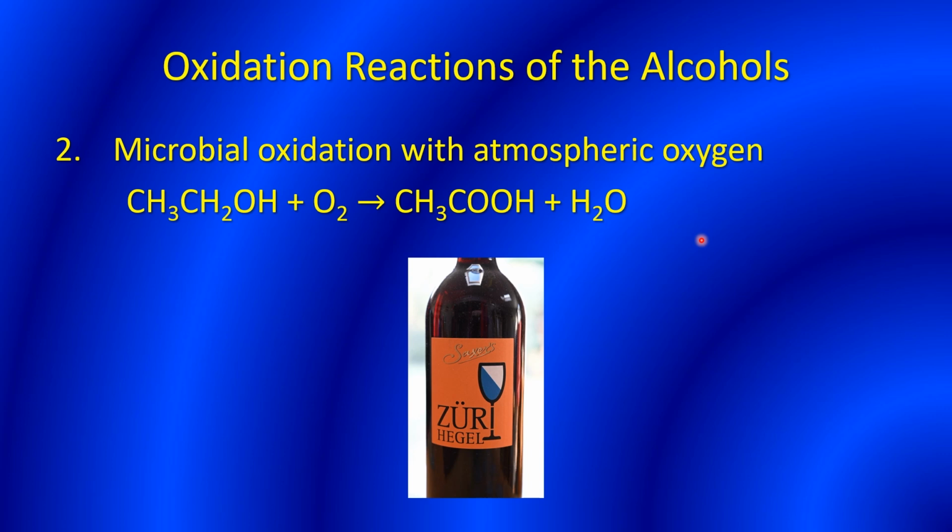So if you've got a bottle of wine, for instance, and you leave the lid off that bottle, over some time the alcohol, the ethanol in that drink, will very slowly oxidize to produce ethanoic acid, and vinegar is a solution containing ethanoic acid, and so that's the equation there for that reaction, and it explains why alcoholic drinks, if you leave them open to the air, will very slowly become sour as the ethanol turns basically into vinegar.